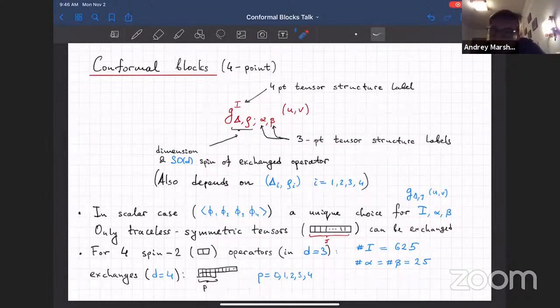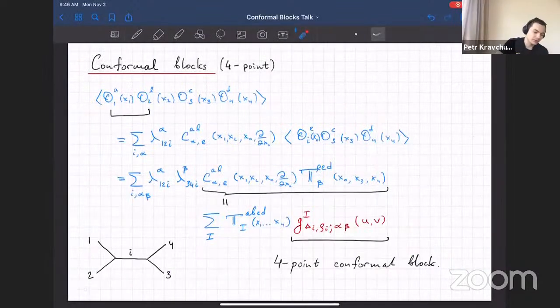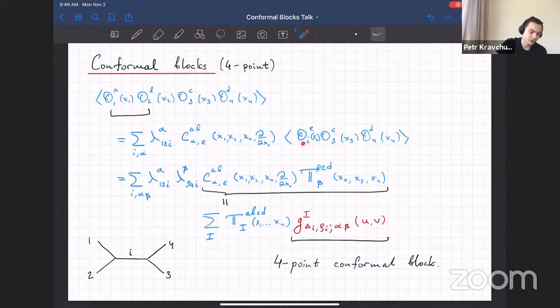Can you write down the formula from the previous slide for this particular case? So in this formula, the lower one, yes. Here the sum is over I, which labels different primary operators O_I. So here I wrote delta I and rho I. If these 4 operators are scalars, then what will happen is that the sum over I will only go over such I that rho I are traceless symmetric.